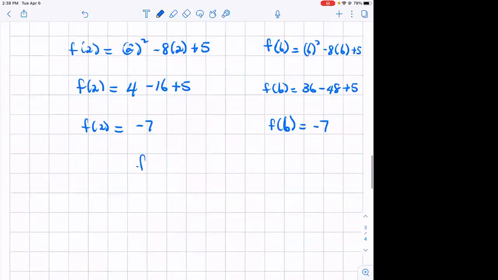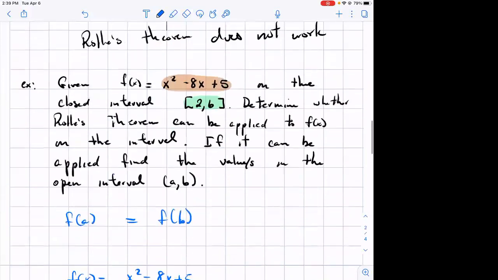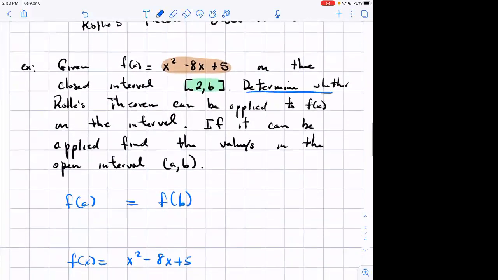So therefore, f of 2 is equal to f of 6. Hence, f of a is equal to f of b. So yes, it is satisfied. And since it is continuous, it's differentiable at every single point. So yes, Rolle's theorem can be applied to the function.